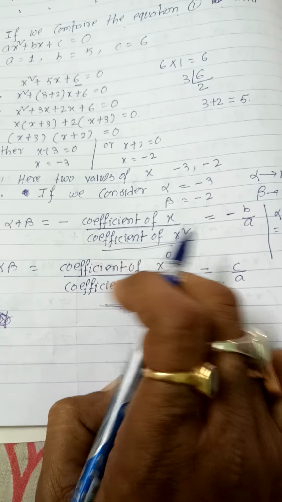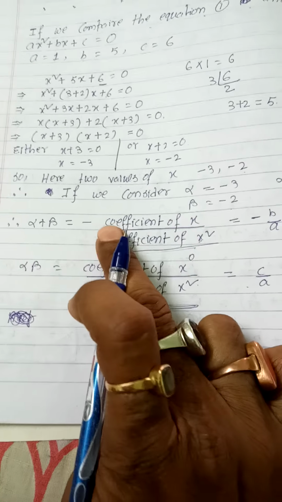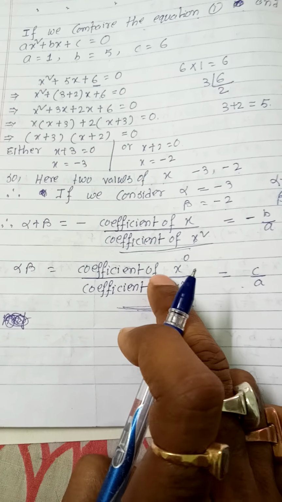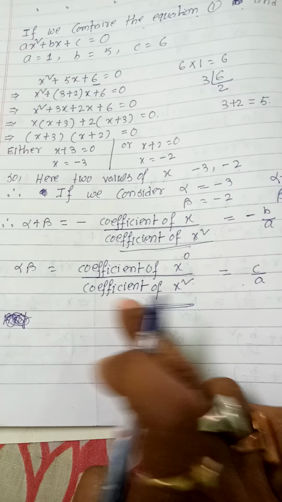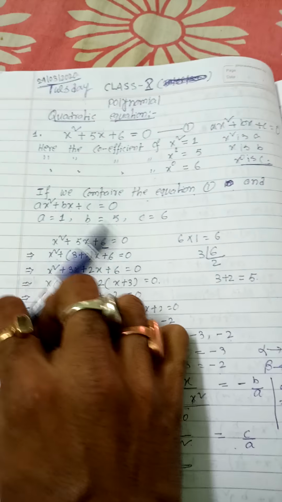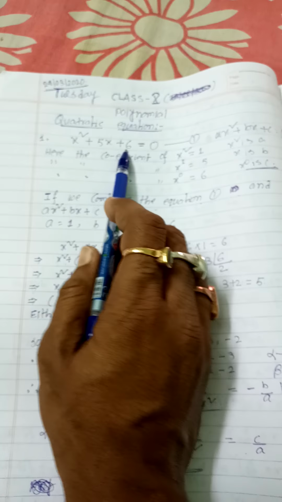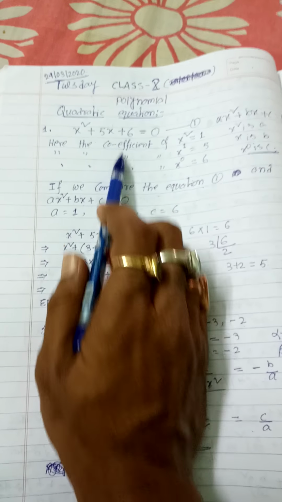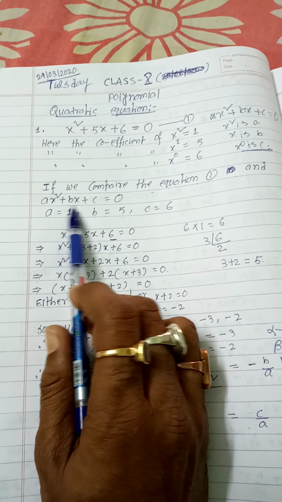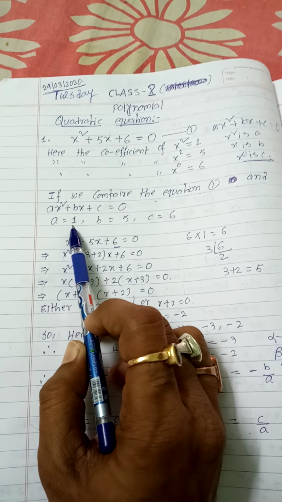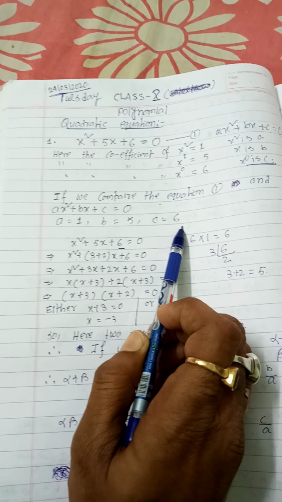So all of you remember these two relations of coefficient of x and coefficient of x square, and coefficient of x to the power 0 upon coefficient of x square. Okay, I repeat, students: at first we see any equation, here we write x square plus 5x plus 6. Any equation, you first compare with the general equation, Sridharacharya's equation, and then you find out the value of a, value of b and value of c.